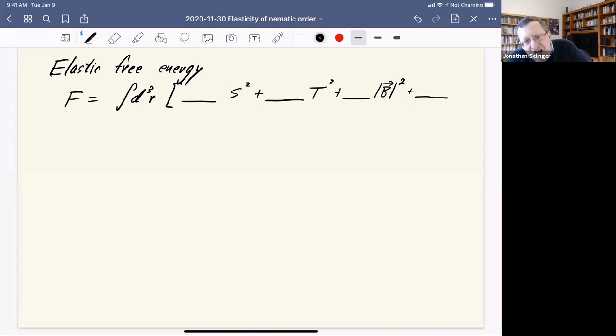Now, delta is a tensor. What does it mean to have delta squared? Well, we could say the trace of the tensor squared. This means delta ij delta ji, which is equal to delta ij delta ij, because it's symmetric.